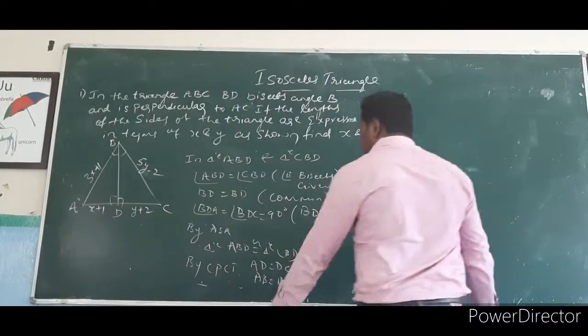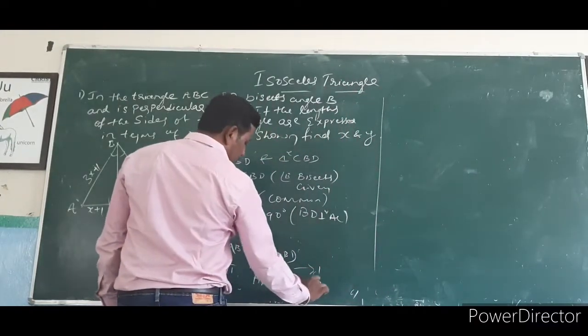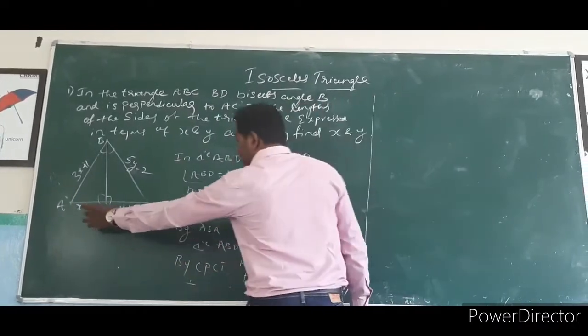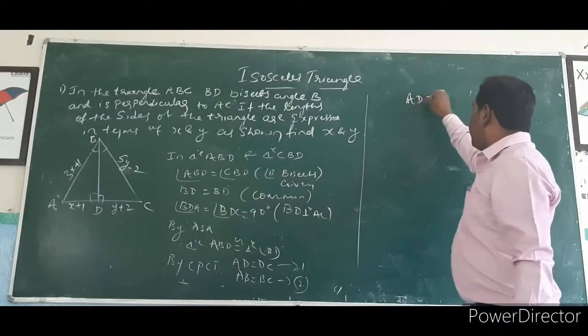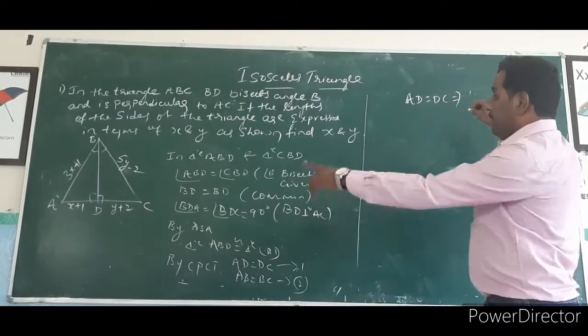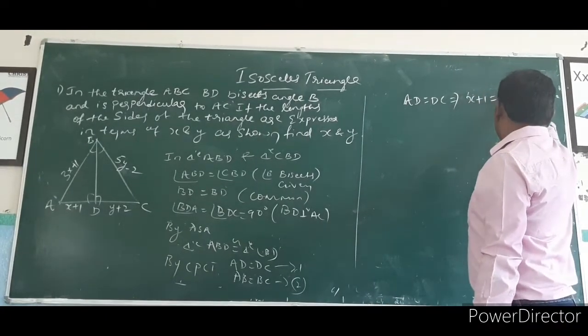From this we can consider equations number 1 and 2. From 1, AD is x plus 1. AD is equal to DC, so x plus 1 is equal to y plus 2.